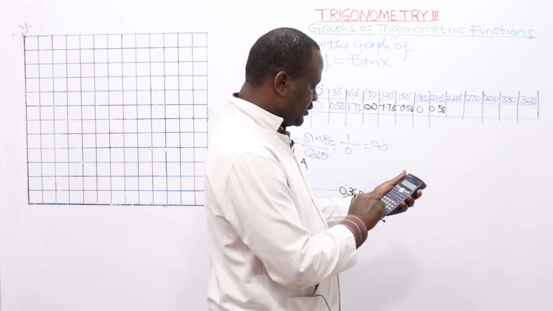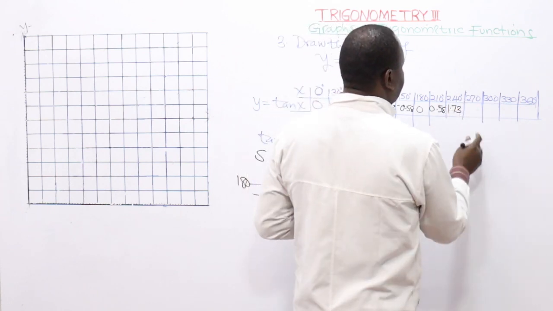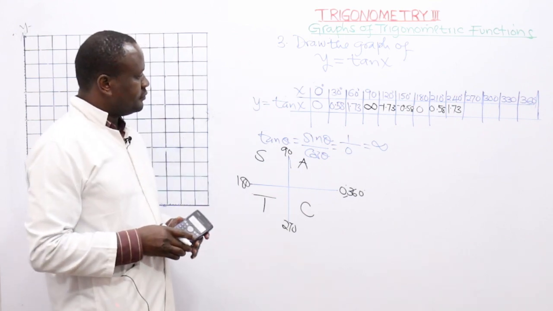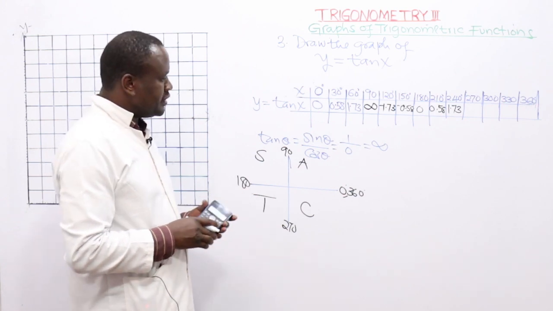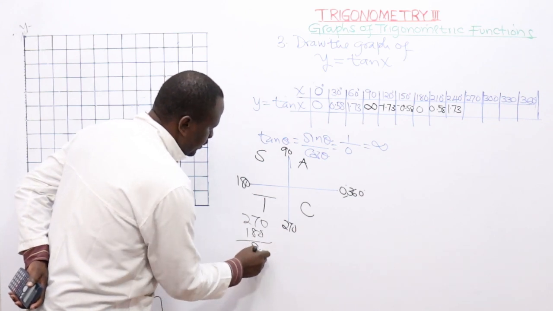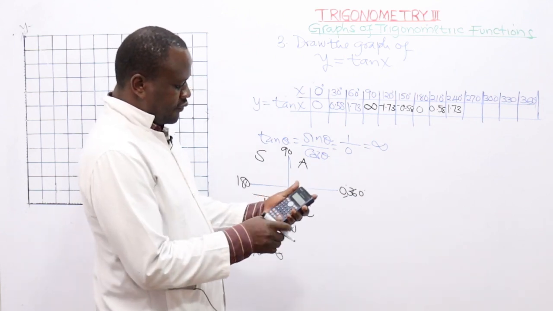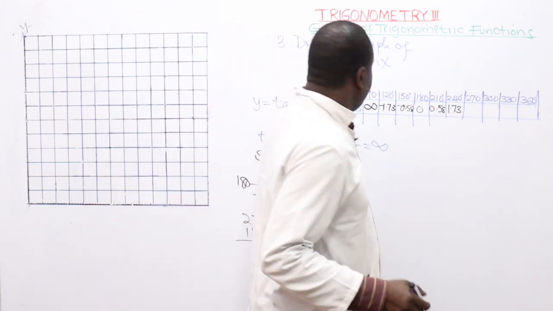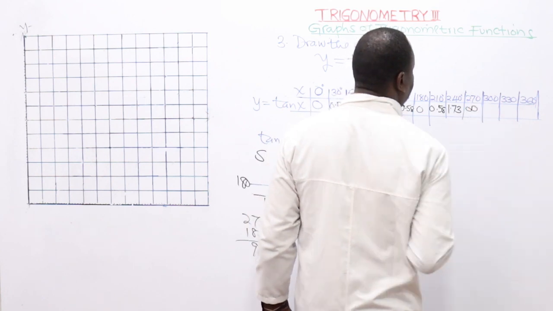The tan of 240 is 1.73. To 70, 270 minus 180 is 90. Which means the value does not exist. So if you use a calculator, you'll get math error. Meaning, the value is so big, it does not exist.